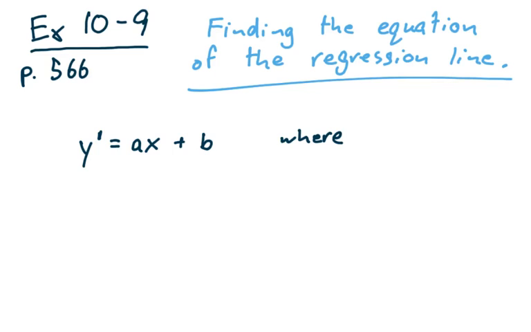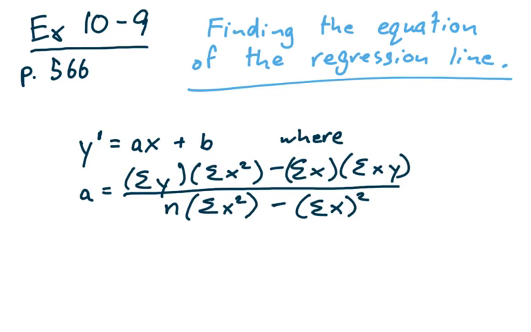So y prime, remember that's the symbol that we use for our predicted value of y, is equal to a times x plus b, where a and b are given by these formulas. So a is given by that horrible expression there.